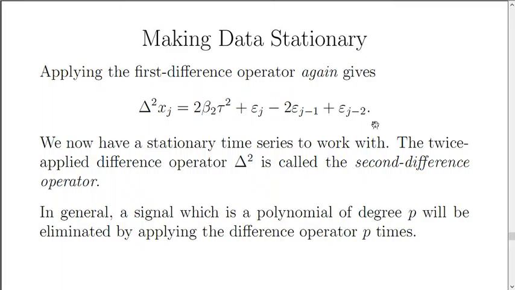In general, the uppercase Greek letter delta is used to indicate the first difference operator. With an exponent, it means that operator raised to a power, which means apply it more than once. In general, a signal, which is a polynomial of degree p, will be eliminated by applying this difference operator p times.